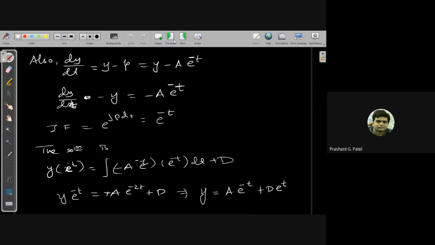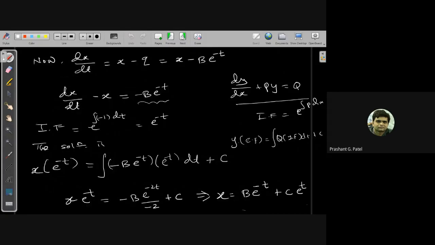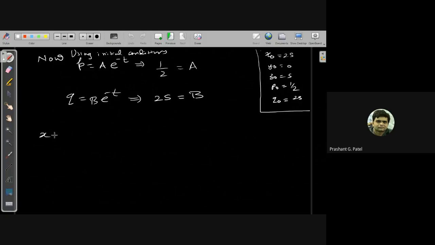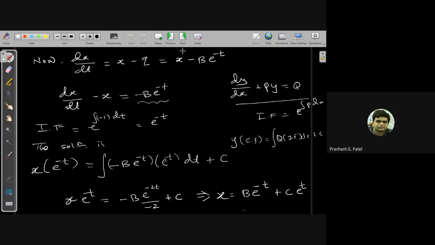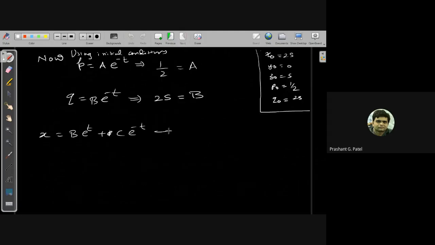Then we have the value of x. The x is equal to b e power t plus c e power minus t. So that is the value of x here. And using this value, we will have 2s is equal to b plus c.